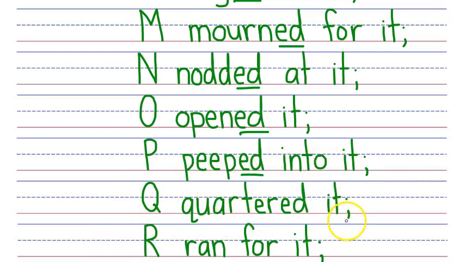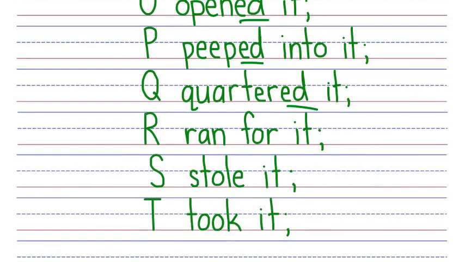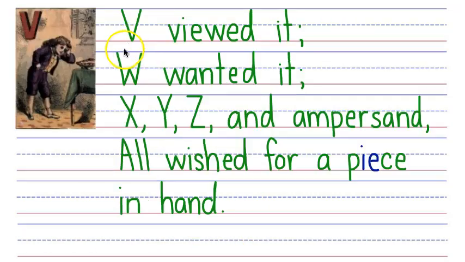Q quartered it. R ran for it. S stole it. T took it. V viewed it. W wanted it. X, Y, Z, and ampersand all wished for a piece in hand.